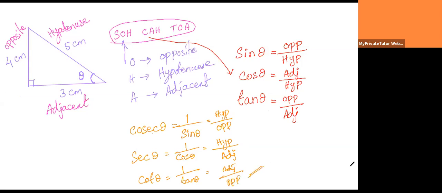Okay, let's try some questions. I hope you guys remember the formulas now, so let's go ahead and find some examples. Let's say this is 4 centimeters, this is 3 centimeters, and the angle is this one, guys. This is 5 centimeters.